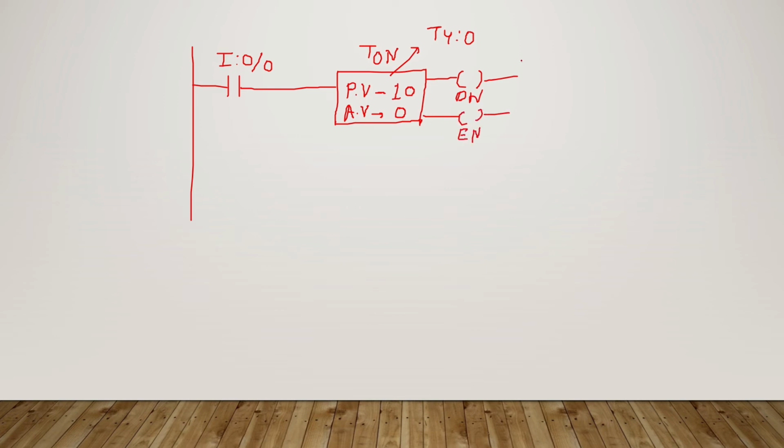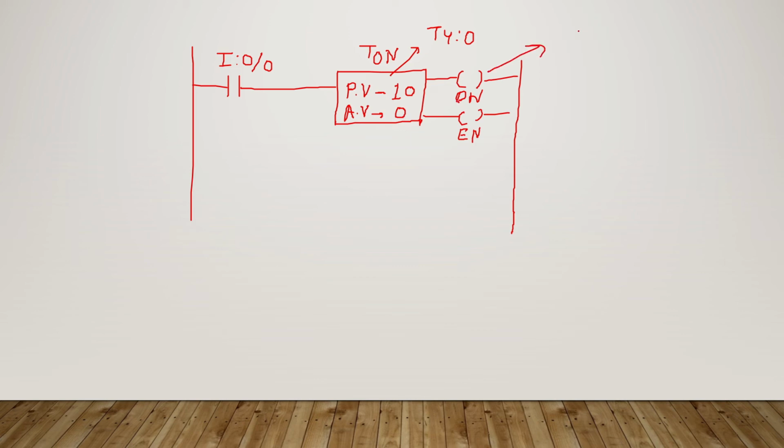Okay. There are many things which we will clear in a later section. Now I just want to give you a glimpse of this. We have one switch and we connected this switch with the timer, and we have these two bits, the done bit and the enable bit. This timer basically counts for 10 seconds and turns on its done bit.